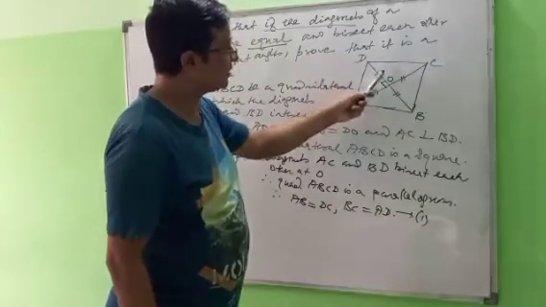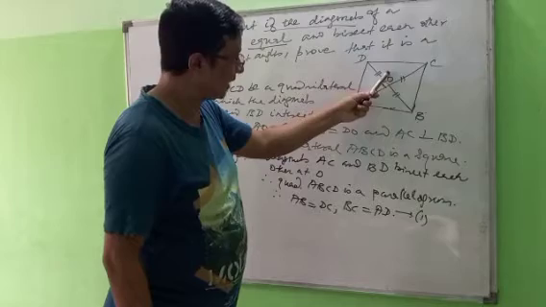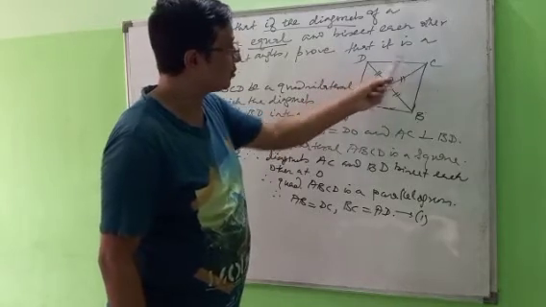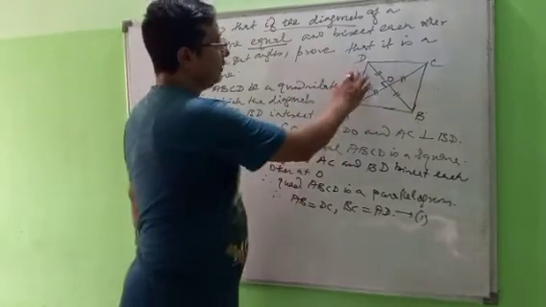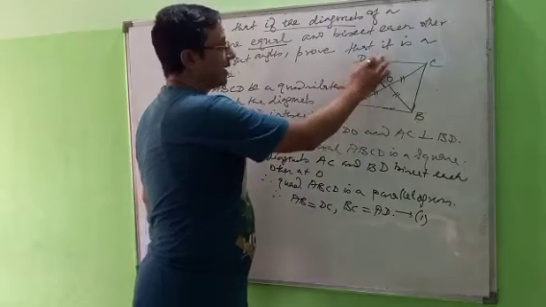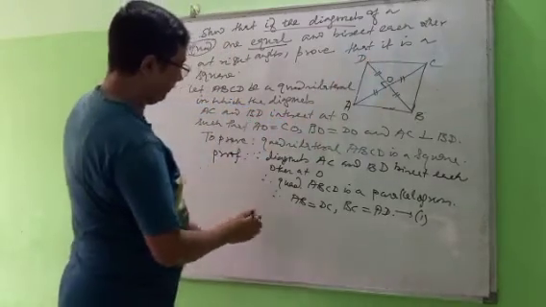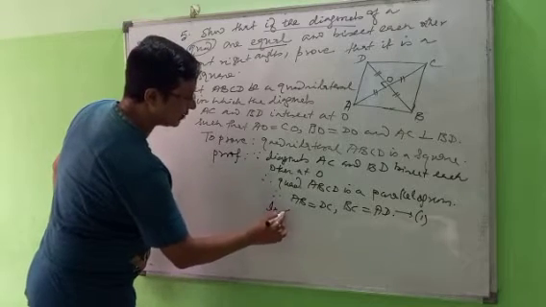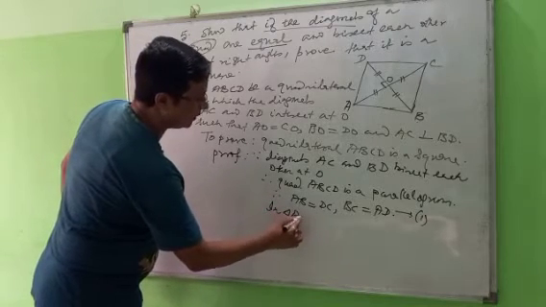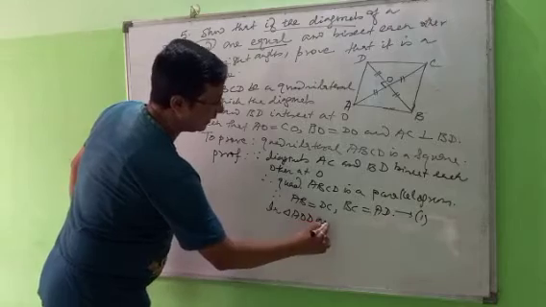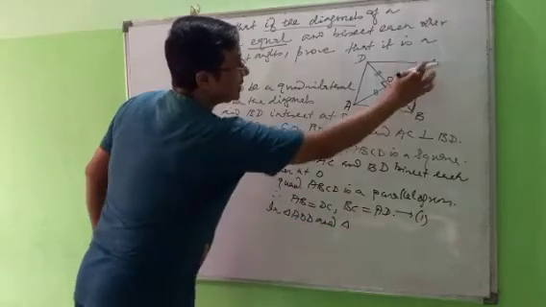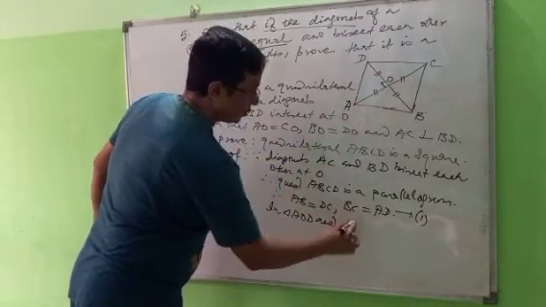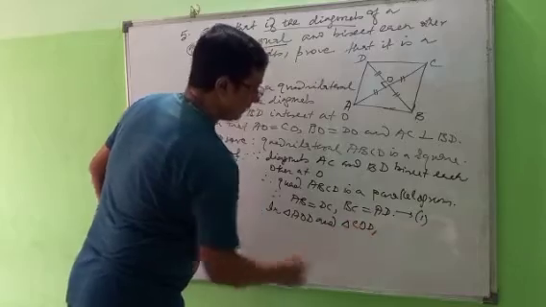As the triangles became congruent, therefore AD equals CD. So you have got a pair of adjacent sides equal.